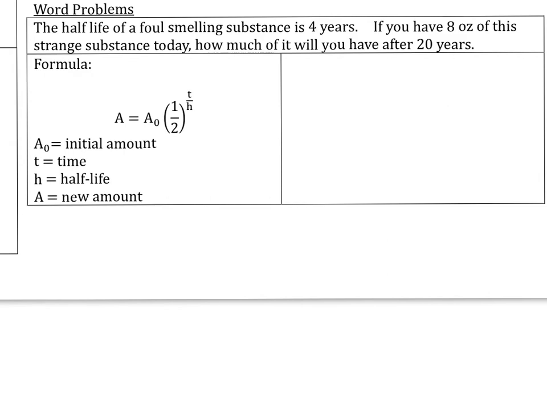The following word problem illustrates a real-life example of when exponential decay occurs. So here the half-life of a foul-smelling substance is 4 years. So I'm going to label that here.